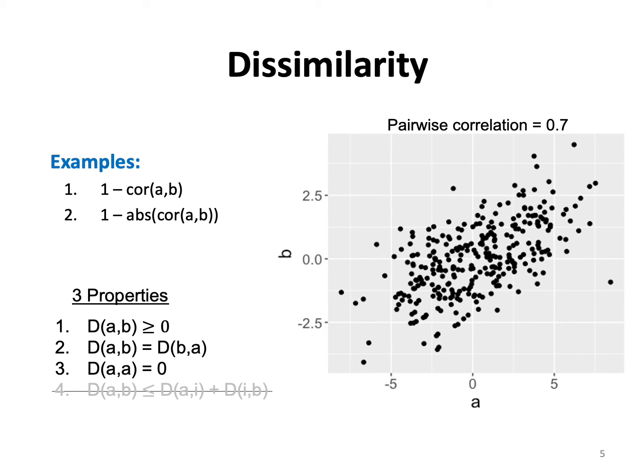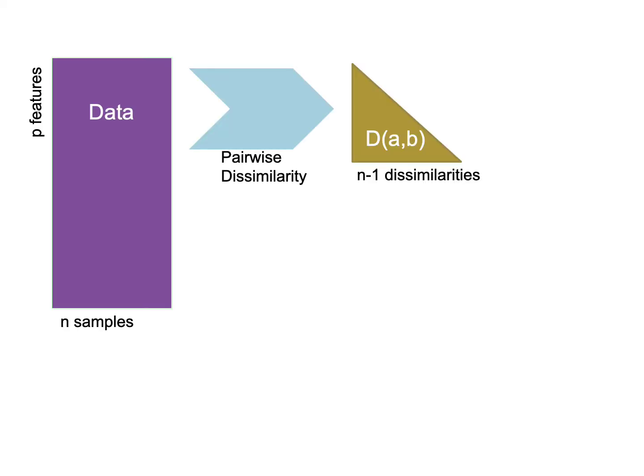So there's a difference between dissimilarities and distances. Going back to our calculation, we can take our high-dimensional data set with p features and n samples and apply a pairwise dissimilarity between our n samples.